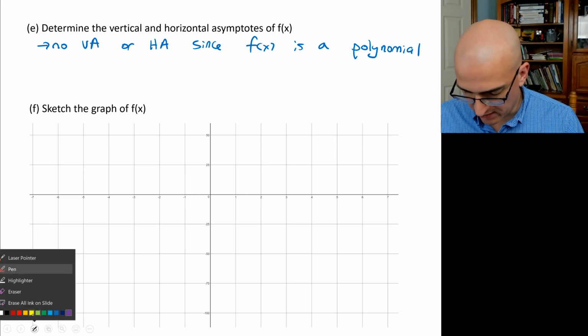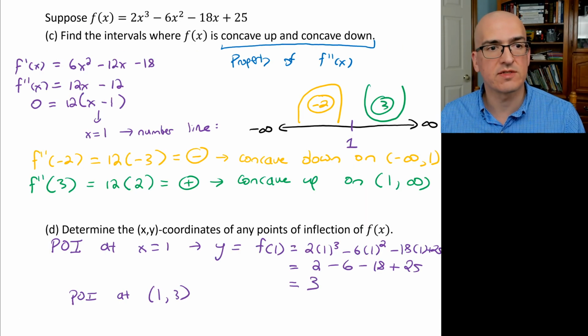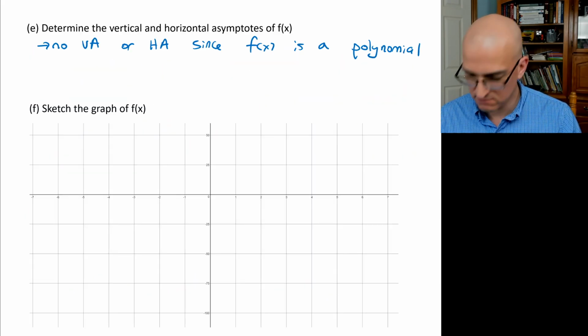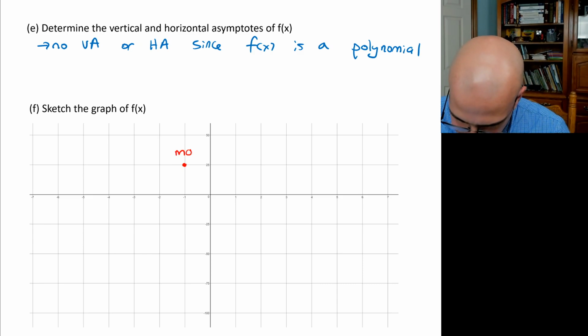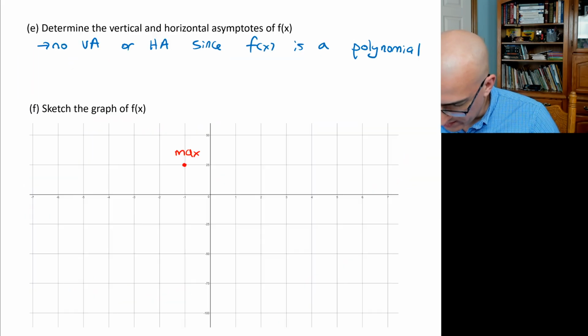So the first part of this process is going to be to put down the dots for a picture. The dots for us will come from the max at -1, 25 and the min at 3, -29. So -1, 25, that was our max, and 3, -29 was our min.